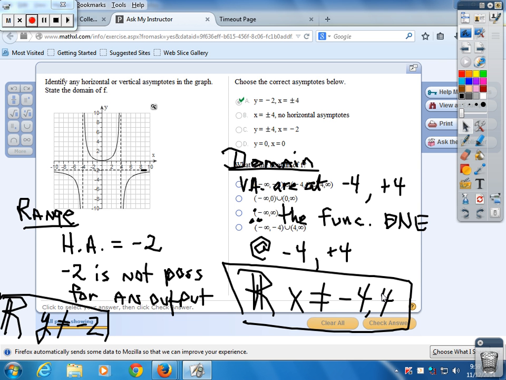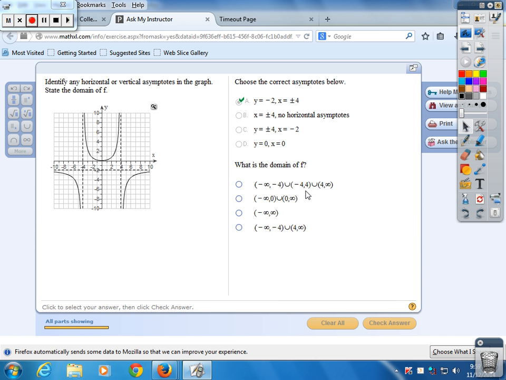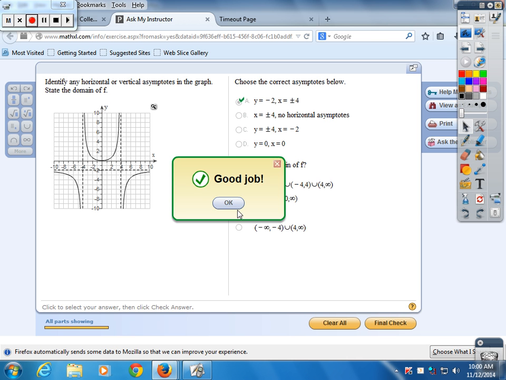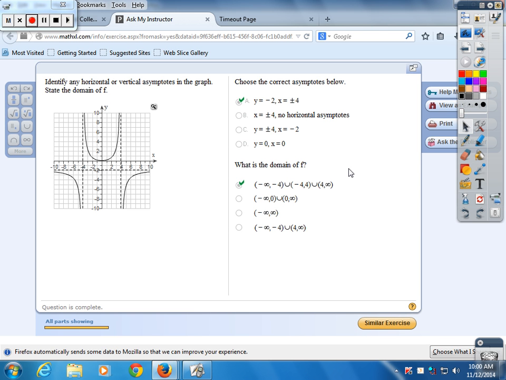And then union from -4 to +4, non-inclusive. And then from 4 to infinity. That's what that -4 and 4 means. It's not included, but it takes up that space in the middle. So that would be that one, and we got that one right. And it doesn't ask for the range.